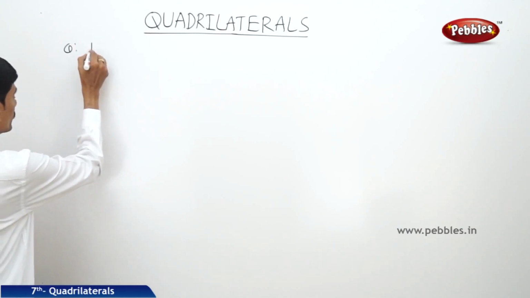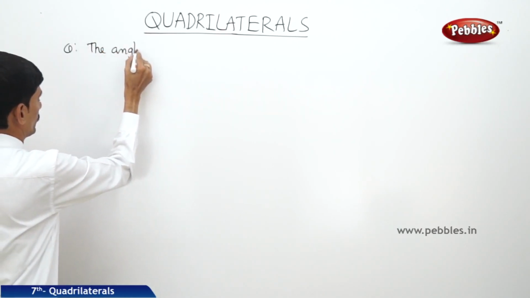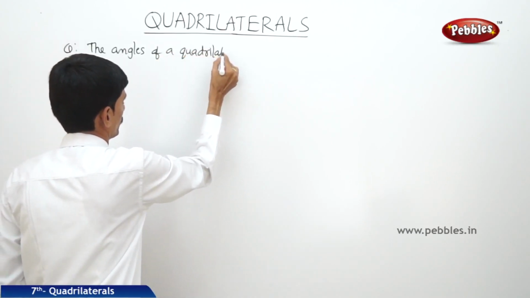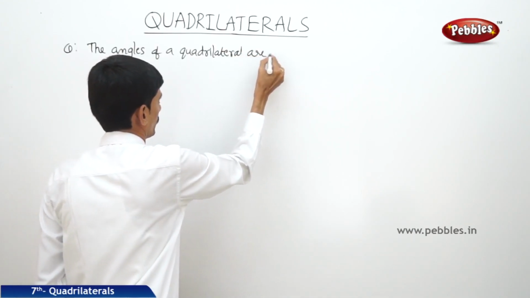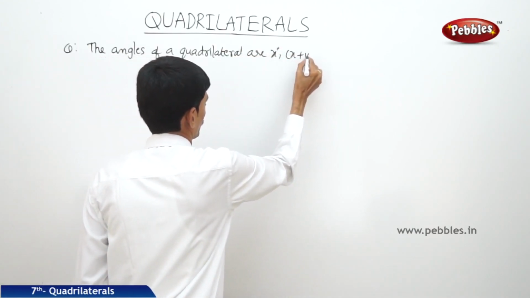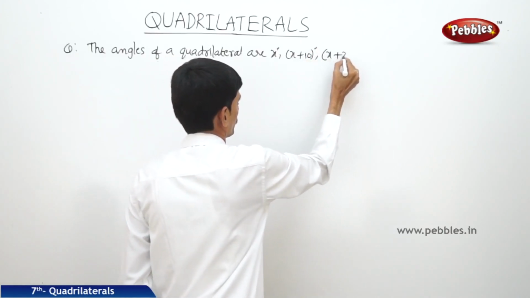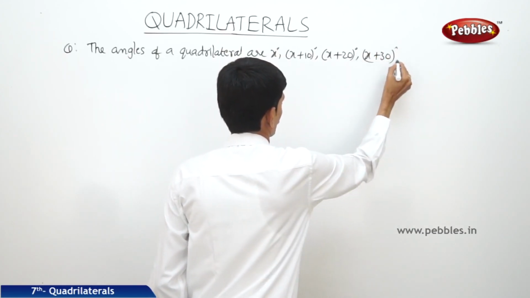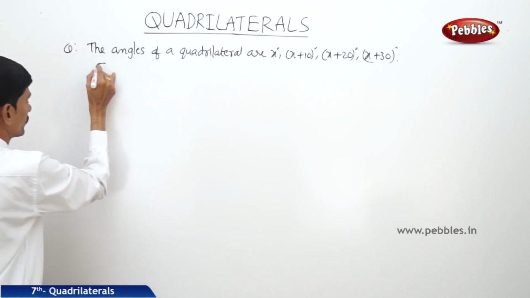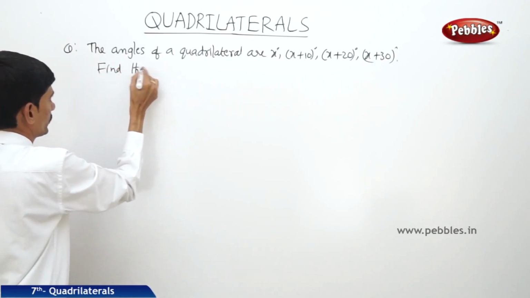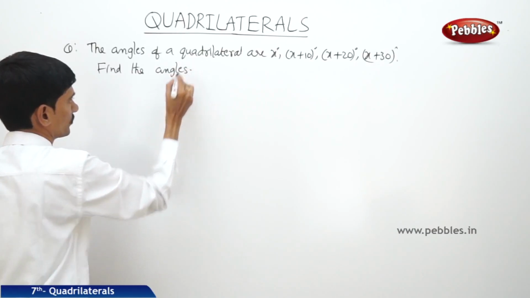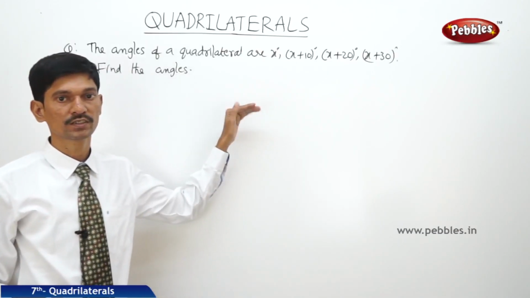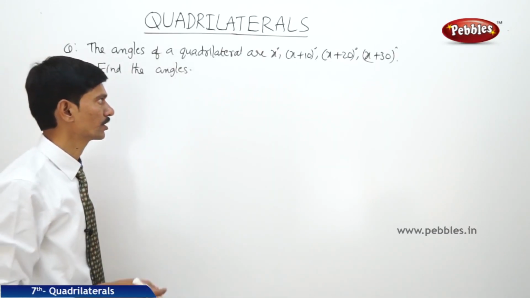The angles of a quadrilateral are x degrees, x plus 10 degrees, x plus 20 degrees, x plus 30 degrees. Then find the angles. The sum of the four angles of a quadrilateral is 360 degrees by the angle sum property of a quadrilateral.